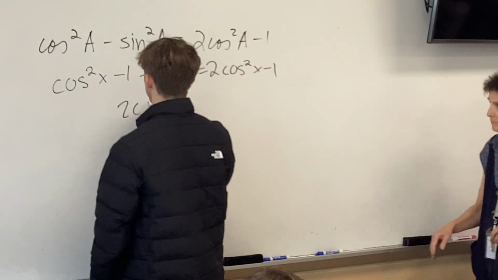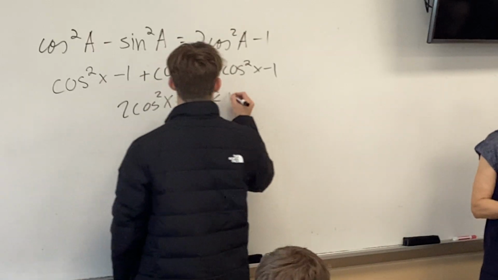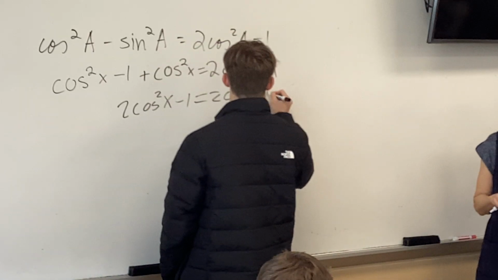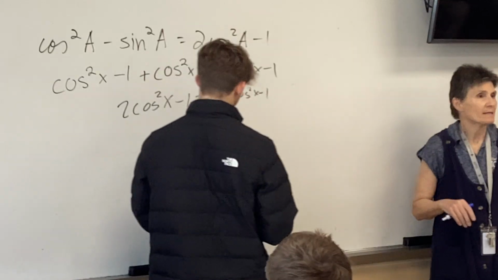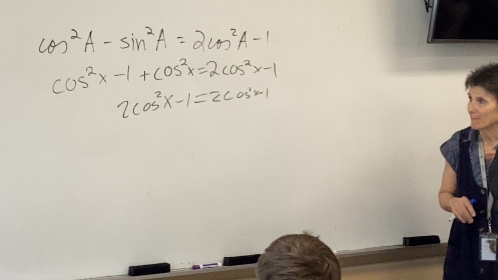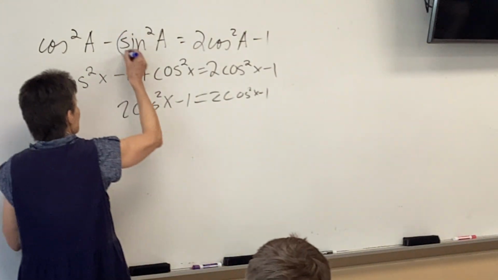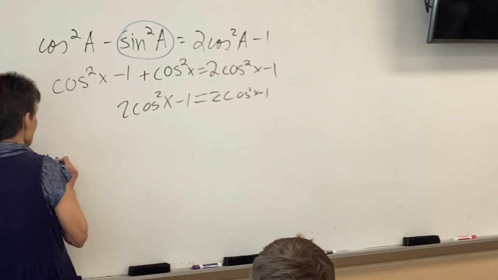I'll just combine them and then it's minus 1. Yeah. Now, this is fine. General rule of thumb is, if I can follow what you're doing, it's all good. But some of you may not be following quite as well because you haven't done this much. What is sine squared?